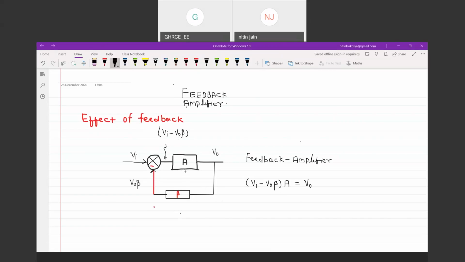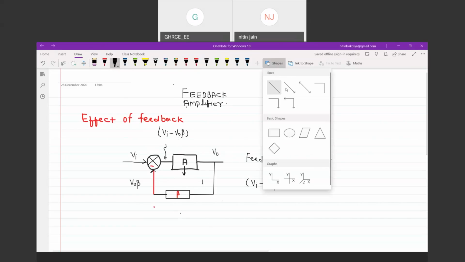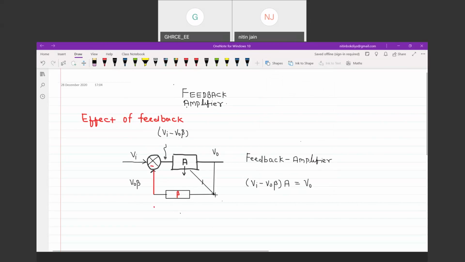So this is open loop gain. This is open loop gain.